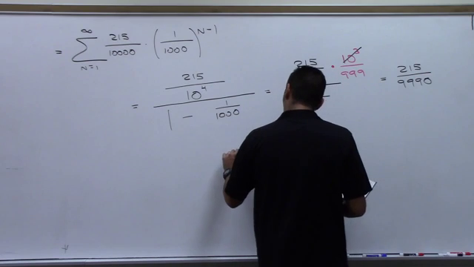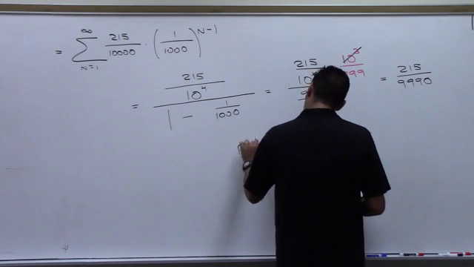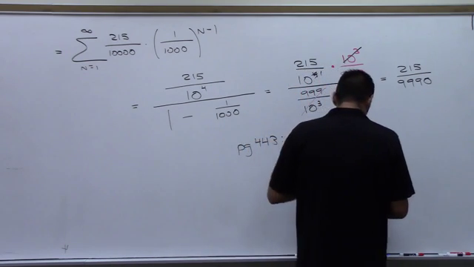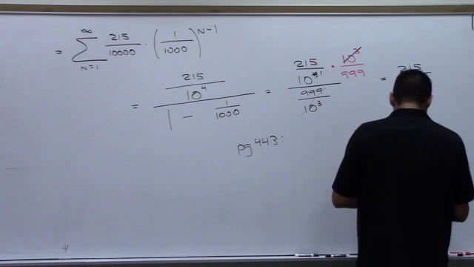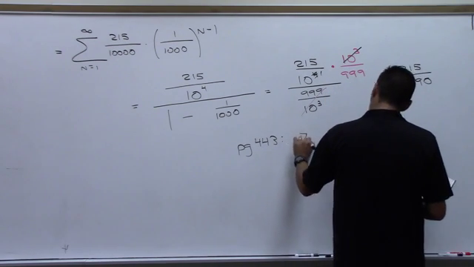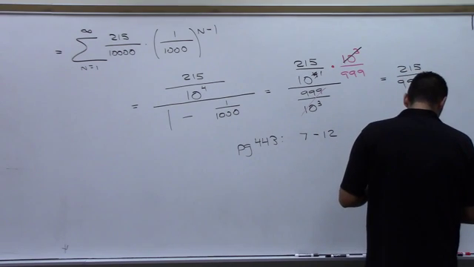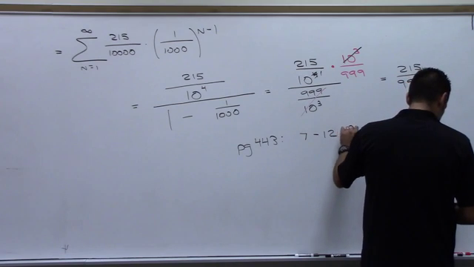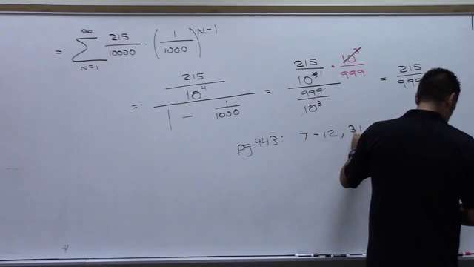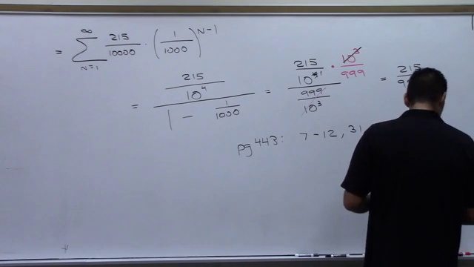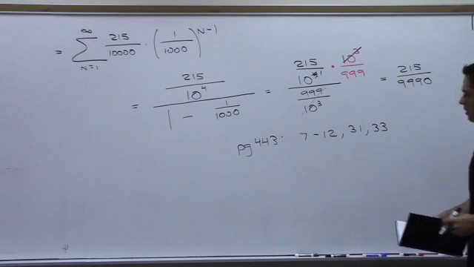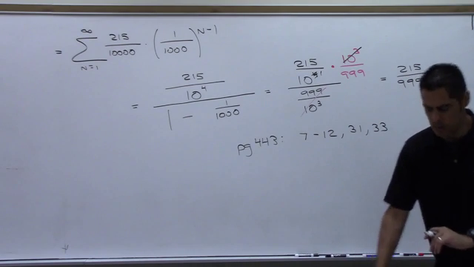I would say for homework, page 443, you can handle 7 through 12. You can probably do 31. 33 might be a little bit messy. I'll give you a hint on 33.